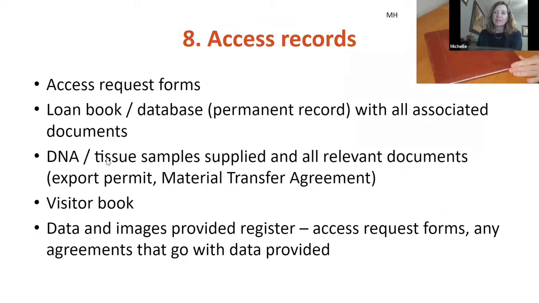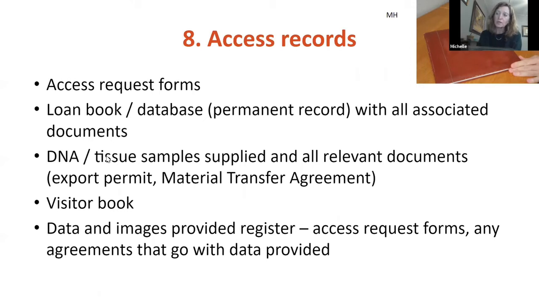And then I think this is probably one area where most institutions do quite well. So access request form. Every time that you get a request for a loan, you file that. And then a loan book or a database. But remember that it needs to be a permanent record. So what CITES requires and TOPS is that there's a record every time you send out a loan.